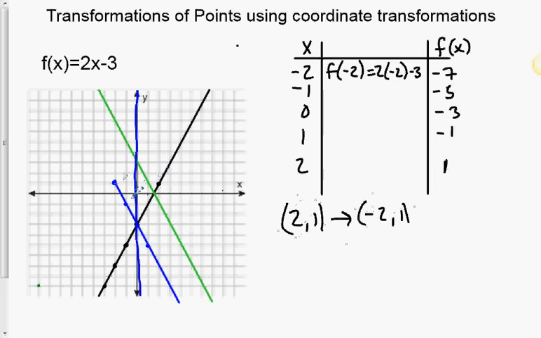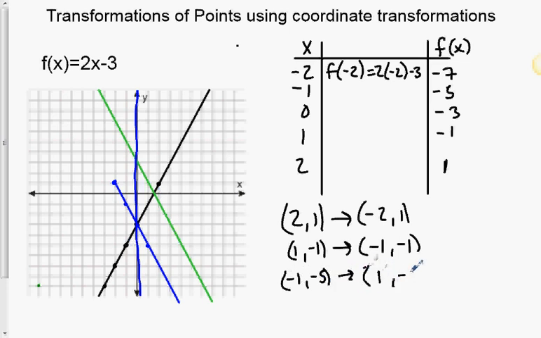And then if we take a look at another point, maybe (1, -1), that has now become the point (-1, -1). And the same pattern develops. If we take a look at the original point (-1, -5), then that has now become the point (1, -5).